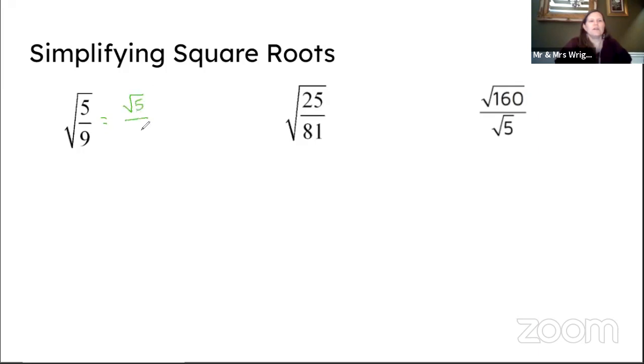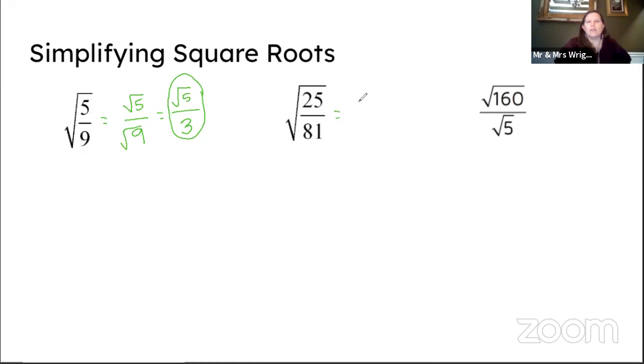Radical 5 over radical 9. Now, are we able to simplify radical 5 at all? No, it's in its simplest form. So radical 5 over, what's the square root of 9? Well, that's going to be 3. And so square root of 5 over 3 is our final answer there.